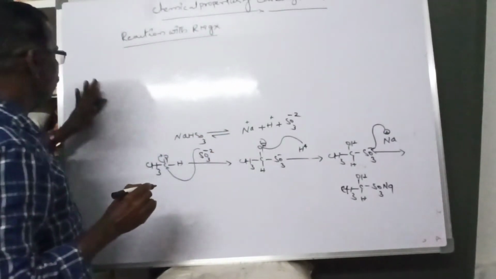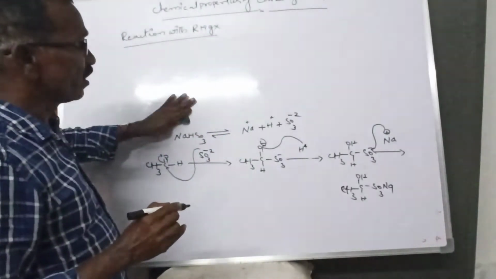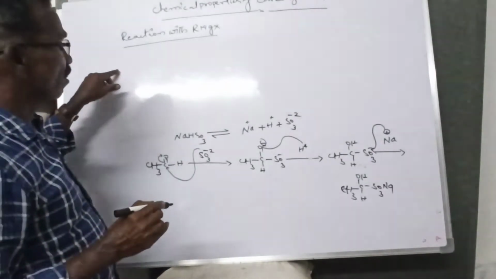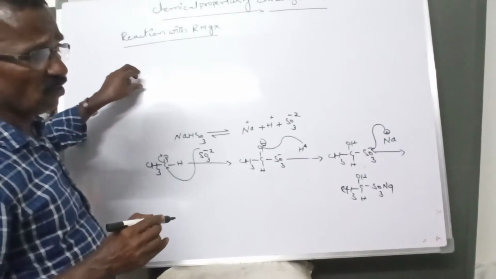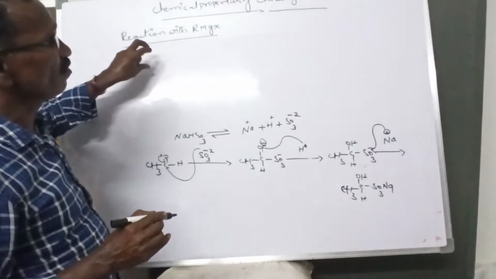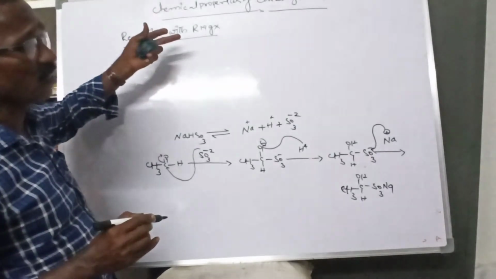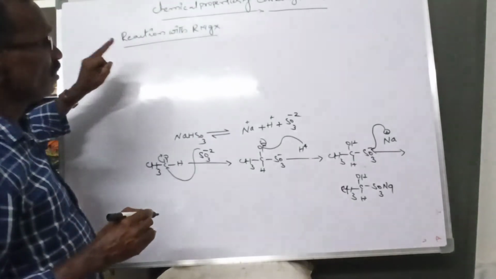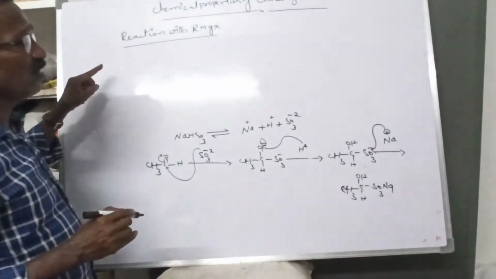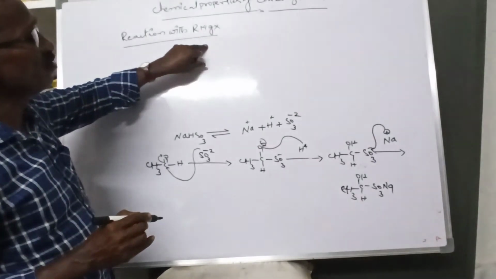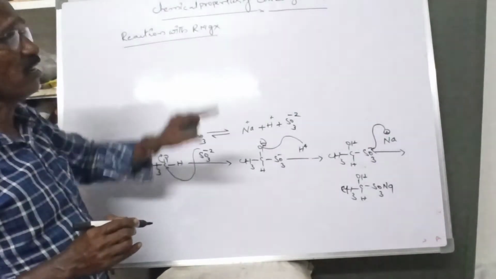What happens here? If a Grignard reagent reacts with carbonyl compounds, the first compound is formaldehyde. If the Grignard reagent reacts with formaldehyde, it undergoes hydrolysis to form primary alcohols. If the second compound, acetaldehyde, reacts with Grignard reagent, it undergoes hydrolysis to form secondary alcohol.